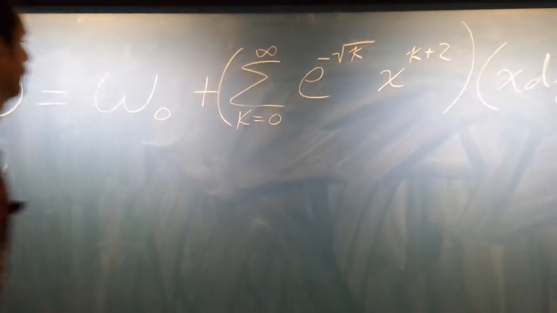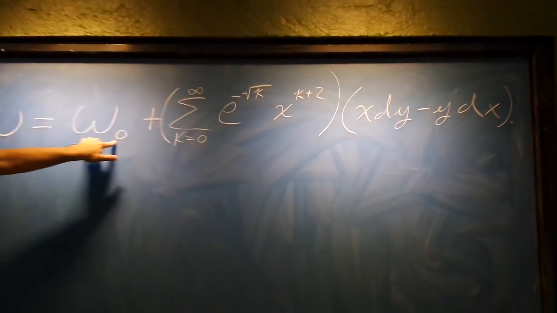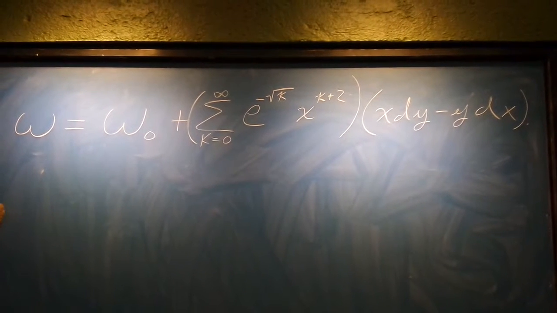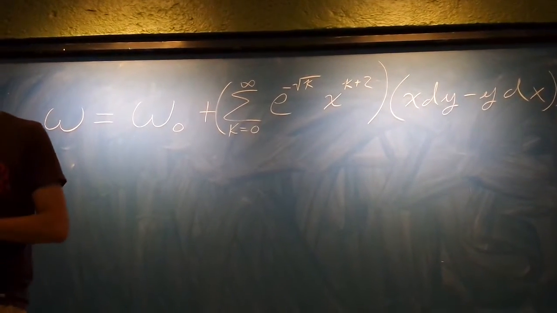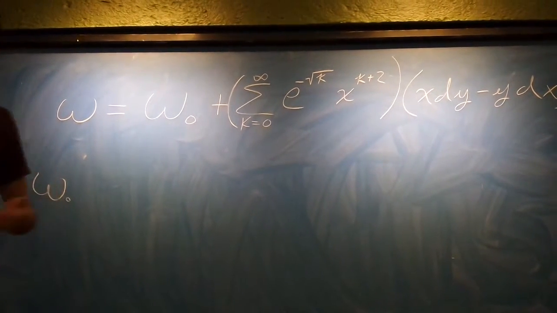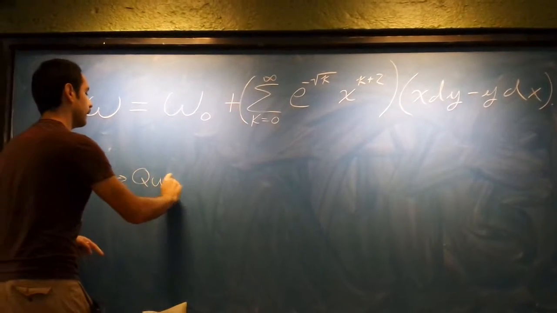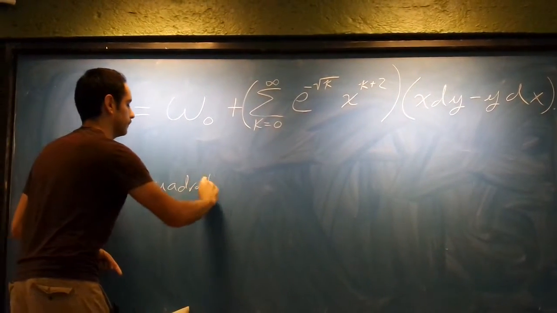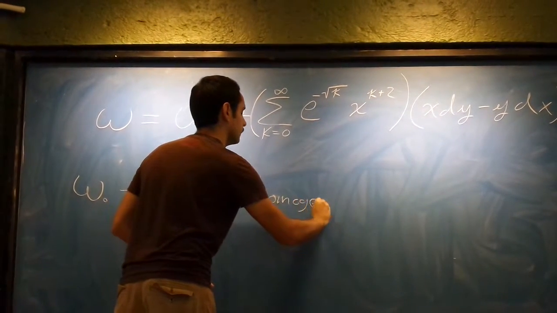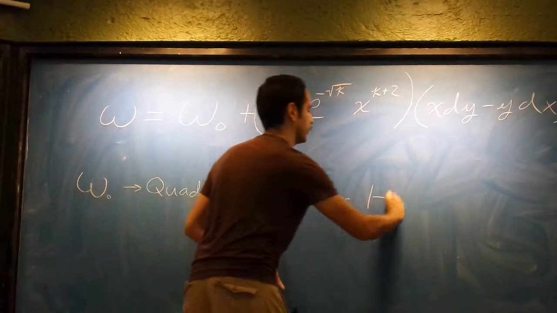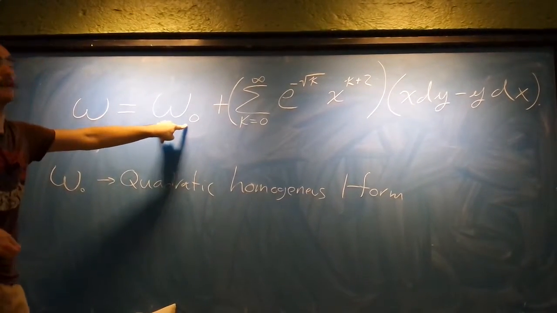Okay, so what is this? This omega 0, I'm not going to write it down, but it's something you can choose. You can make any generic choice, and this is going to be a quadratic homogeneous one form. So note that this is the terms of degree 2.